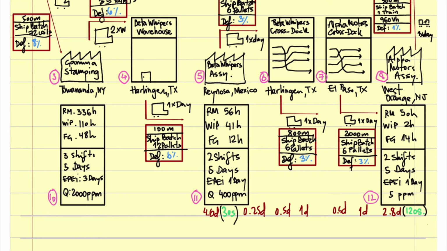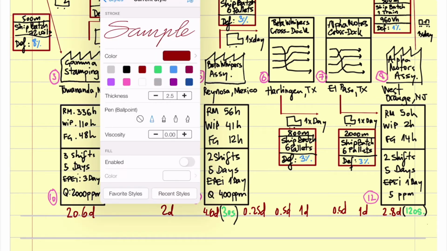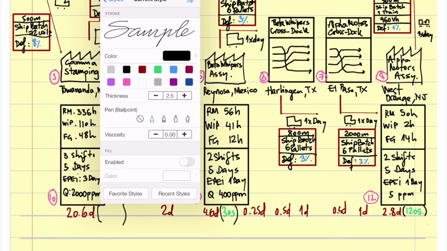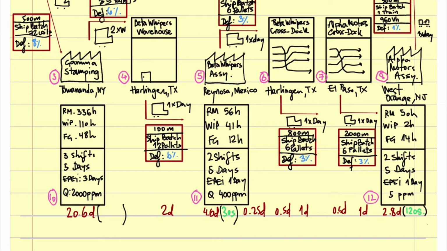Yeah, so we continue with the beta wipers warehouse. It's 2 days. And then gamma stamping 20.6 days, and value adding 3,131 seconds.